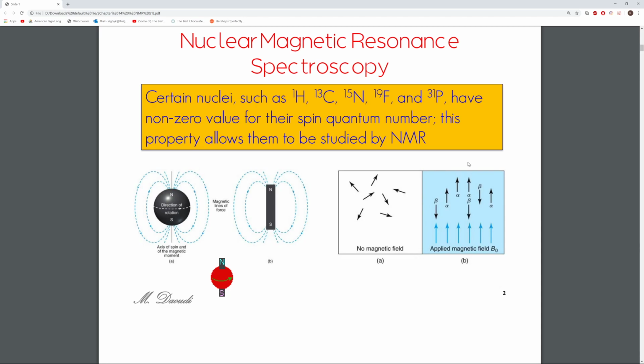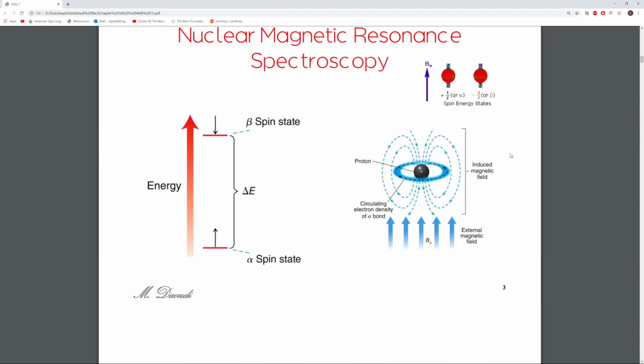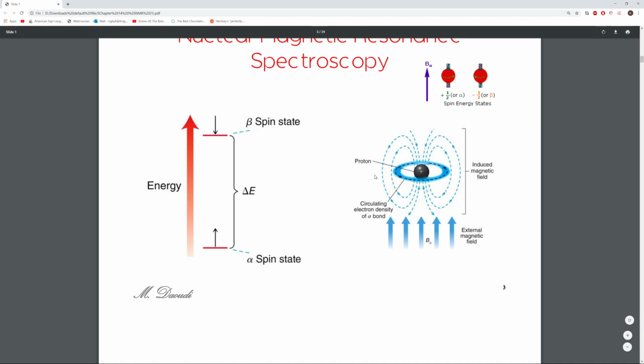But honestly, the one that I see mostly is proton spectroscopy, which is H1 spectroscopy. When we're looking at NMR, what happens is when we apply a magnetic field, the energy level changes and it goes from an alpha spin state to a beta spin state, or vice versa.